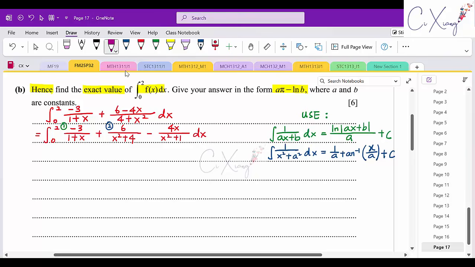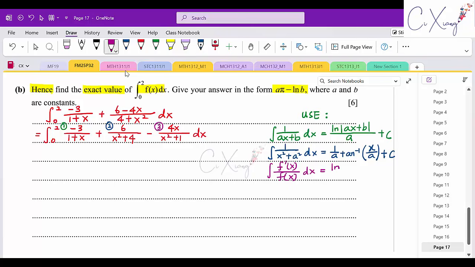Then the third part is this one. When you differentiate x squared, you should have 2x, and you can see that we have part of the 2x on the numerator. This belongs to the pattern of f prime x over f x. When you integrate f prime x over f x, what do I have?